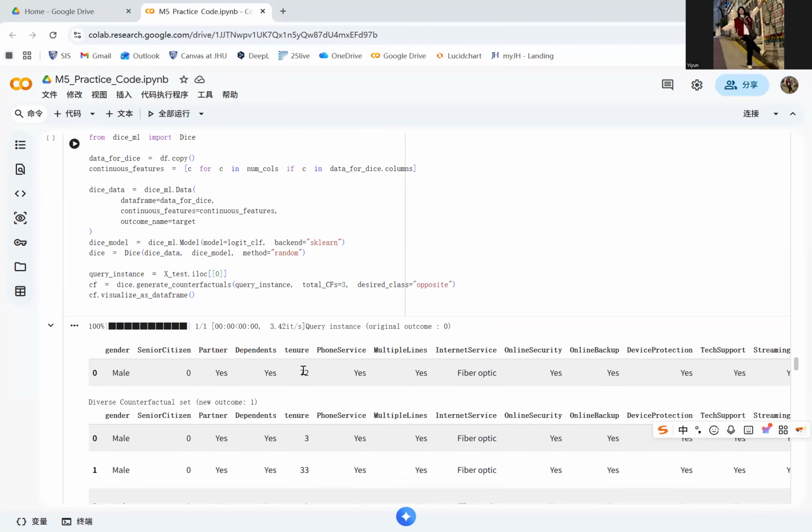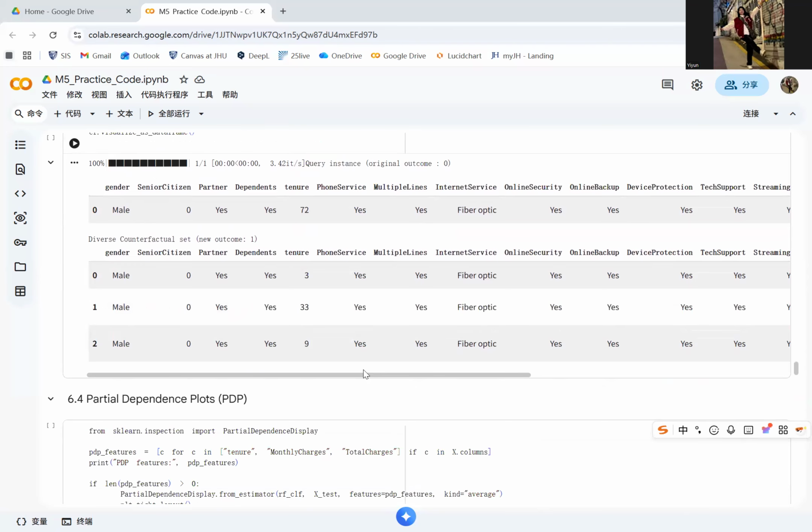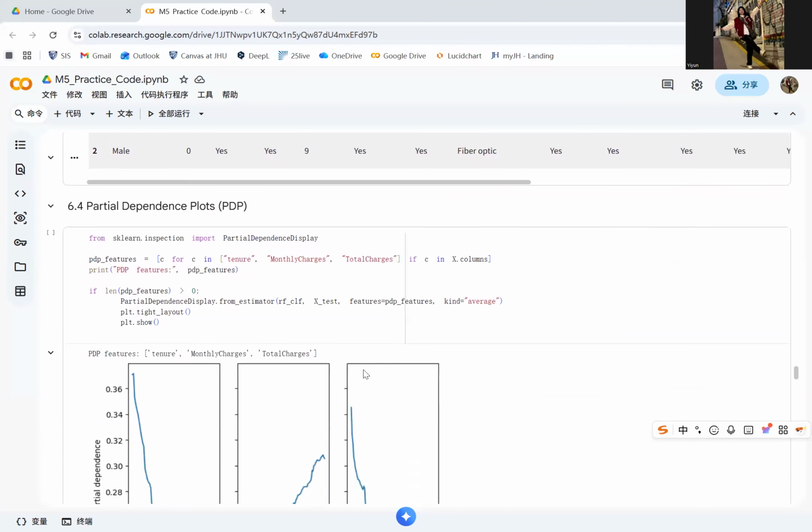For example, the model may indicate that if a customer switched from a month-to-month contract to a longer contract, the predicted churn risk would decrease. These counterfactual explanations are useful because they provide actionable insights that the business can use to reduce churn.